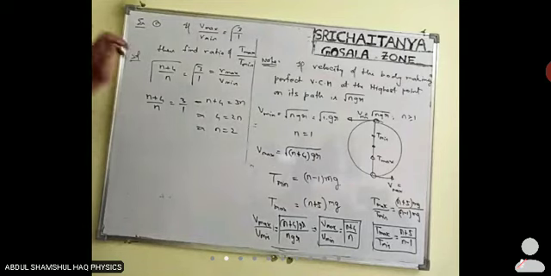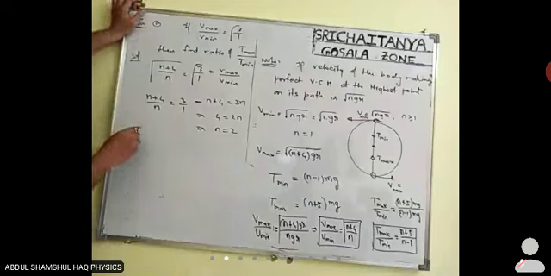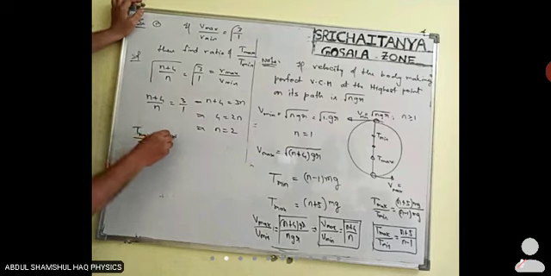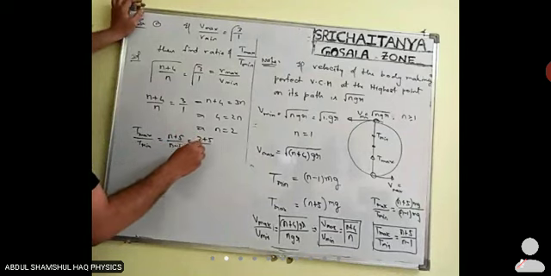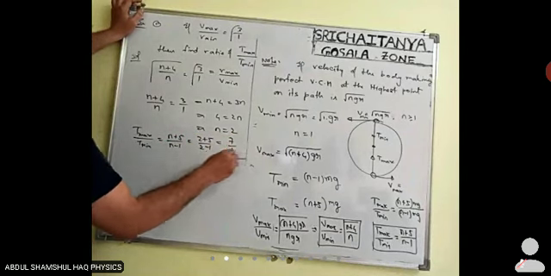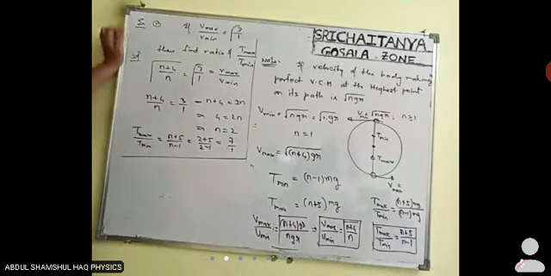So if n is equal to 2, T maxima by T minima, students, is n plus 5 by n minus 1. 2 plus 5 by 2 minus 1, 7 by 1. Yes, very good. Very good, Suman.